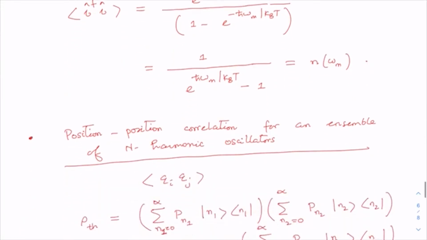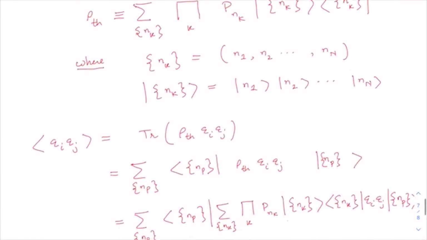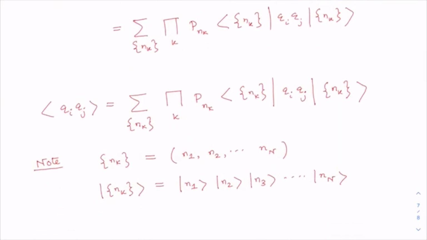We obtain this, and then we try to calculate the position correlation for an ensemble of N harmonic oscillators, and we finally obtain this particular expression. Now we are going to build up our next analysis from here.